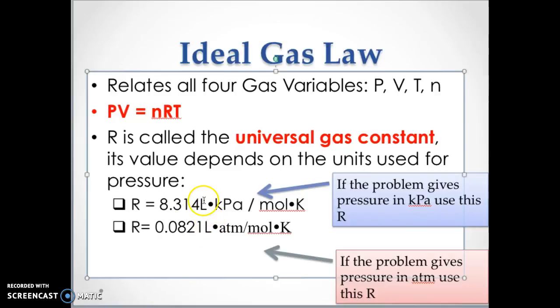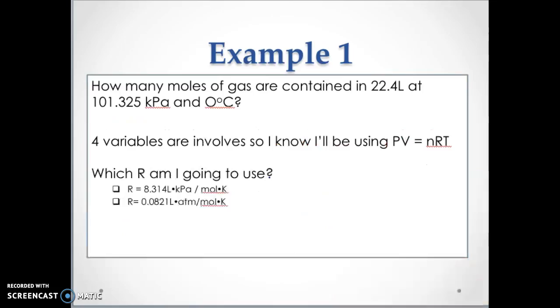They both have liters in it, but this one has atmospheres for pressure, and this one has kilopascals as a pressure, moles and Kelvin. So if the problem gives you kilopascals as a unit of pressure, then you're probably going to want to use this R. And if the problem gives you atmospheres, then you're going to probably want to use this R. And don't worry, we're going to have practice with this. There are 4 examples, I believe, in this one.